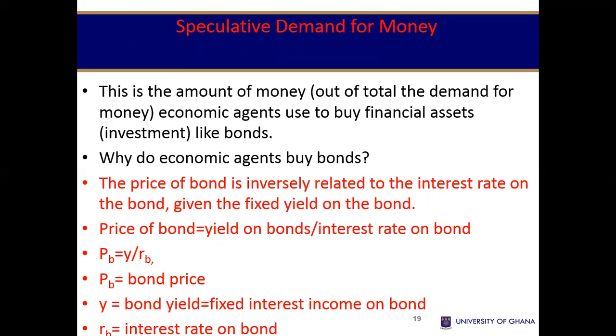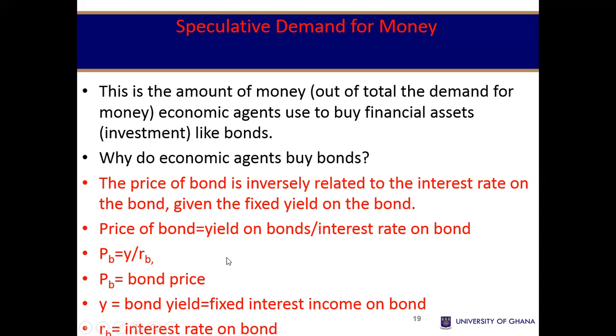So in all, we can say that money demand is positively related to income, but negatively related to interest rate. This page that we have here was just trying to explain why there's an inverse relationship between the speculative motive for holding money and the interest rate.